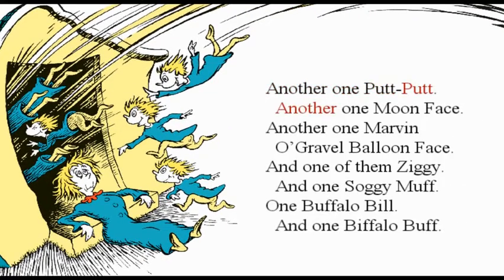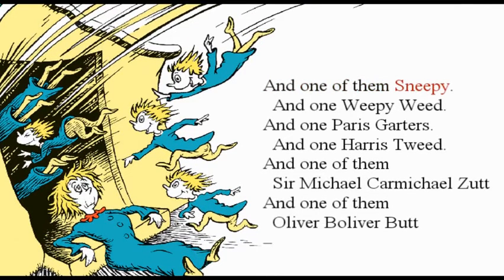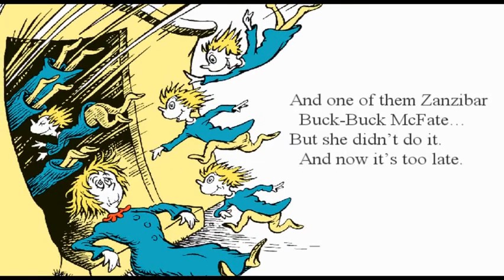Another one Putt-Putt, another one Moonface, another one Marvin O'Gravel Balloonface, and one of them Ziggy, and one Soggy Muff, one Buffalo Bill, and one Biffalo Buff, and one of them Sneepy, and one Weepy Wee, and one Paris Garters, and one Harris Tweed, and one of them Sir Michael Carmichael Zutt, and one of them Oliver Bolivar Butt, and one of them Zanzibar Buck McFate. But she didn't do it. And now, it's too late.